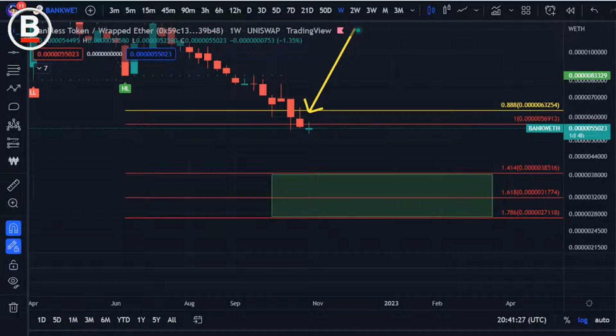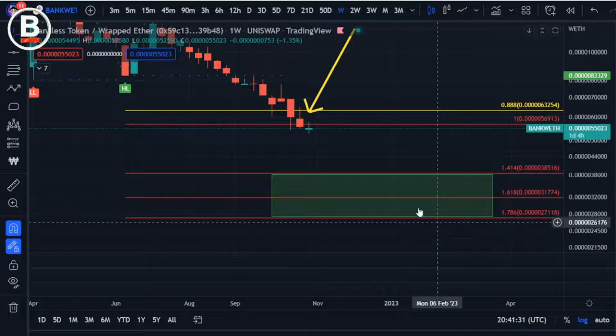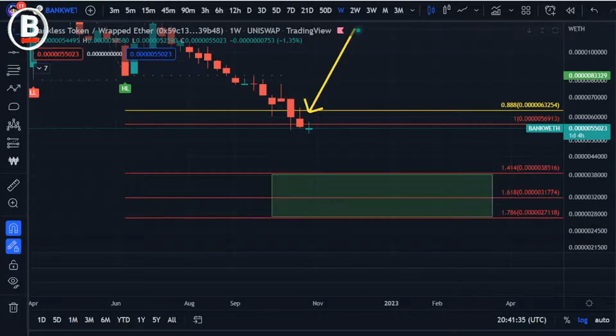In my opinion, this is not financial advice, but just a way to use math boxes and colors to look at to do a technical analysis on the bank token. This is a 30 to 50% drop in the bank value relative to Ethereum.